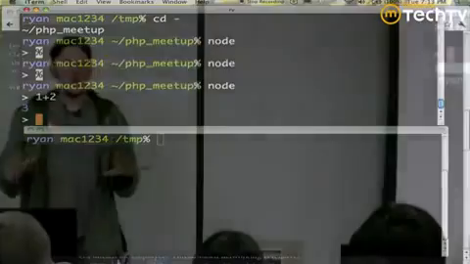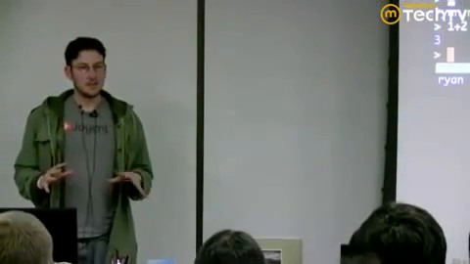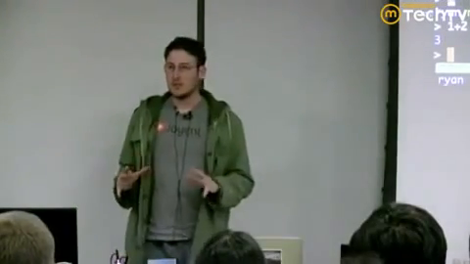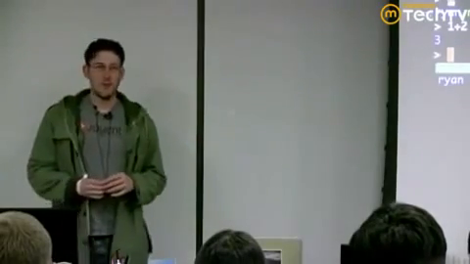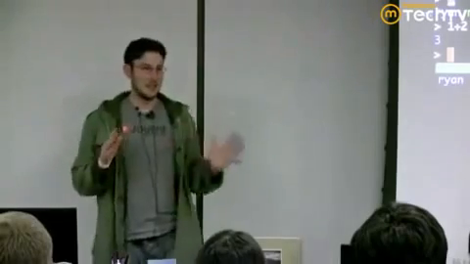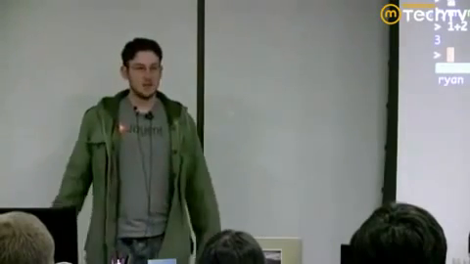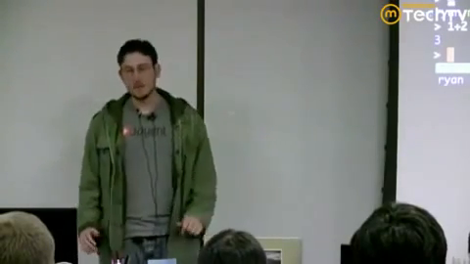Node is a bunch of sugar on top of a very complex virtual machine written by Google called V8. V8 is the JavaScript engine inside of Chrome. It is a beast. It's a huge, very high-performance virtual machine written by very smart people. That is not what Node is.